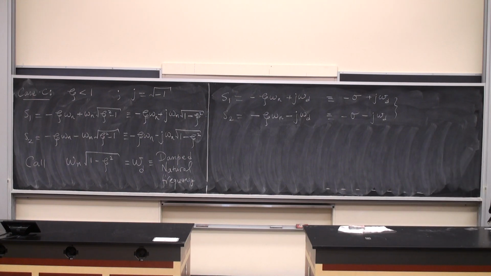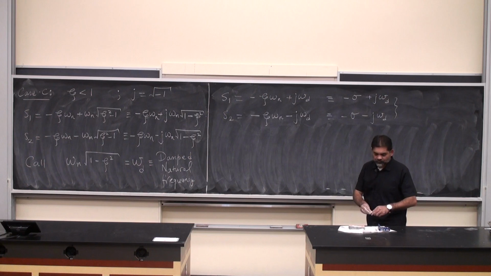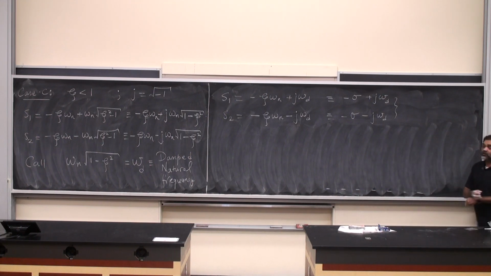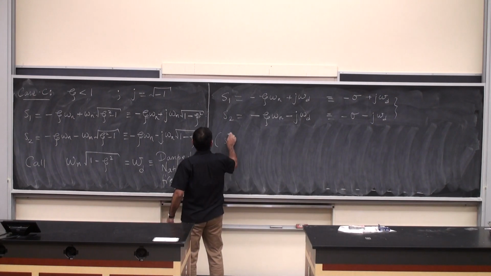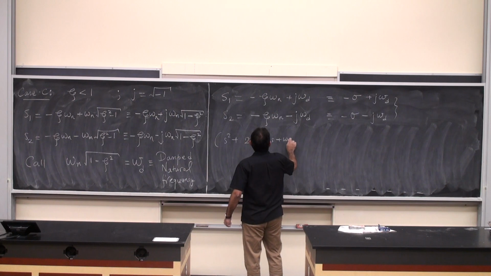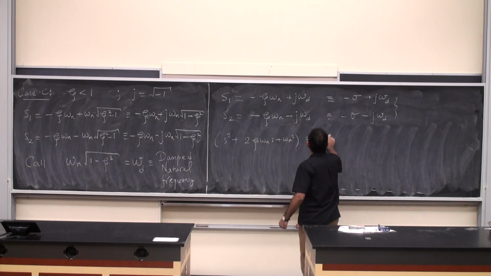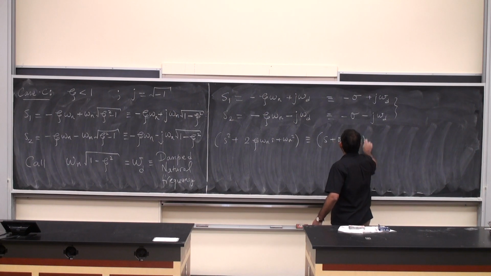I'll get a piece of chalk. Okay, and so the system characteristic polynomial s square plus 2 zeta omega n s plus omega n square is (s plus sigma minus j omega d) times (s plus sigma plus j omega d).